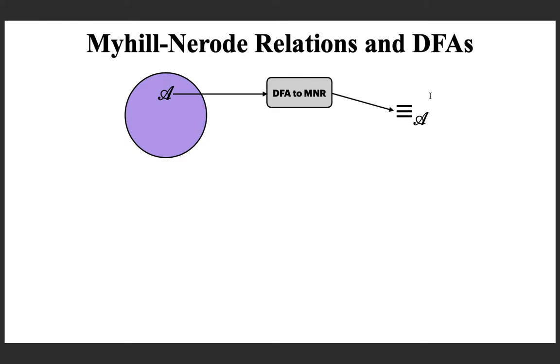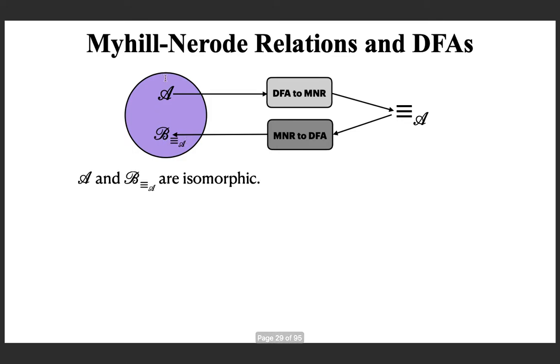And there exists another construction which will take an MN relation as input and give you a DFA. And in the last class, we saw that these two DFAs are isomorphic. So effectively, these two constructions are inverse up to isomorphism of DFAs.